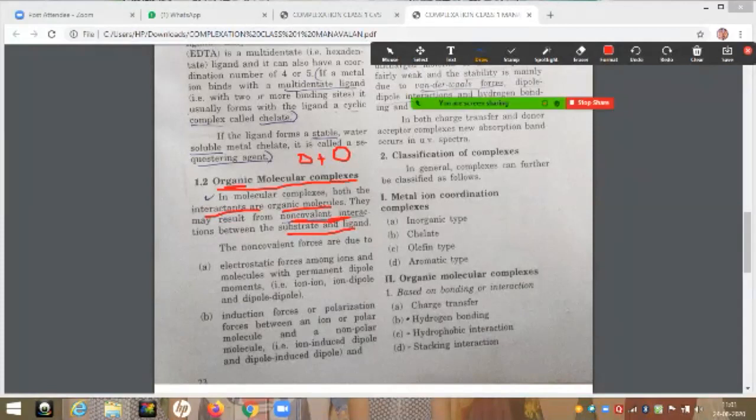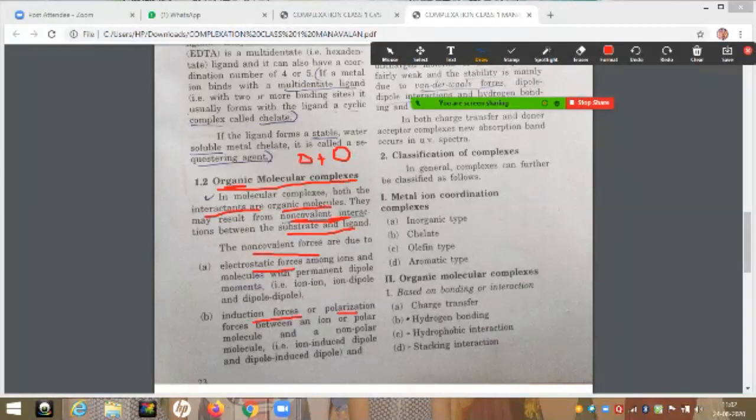And here the non-covalent forces are due to various reasons. It may be because of electrostatic forces, induction forces, or polarization between an ion or a polar molecule and a non-polar molecule.